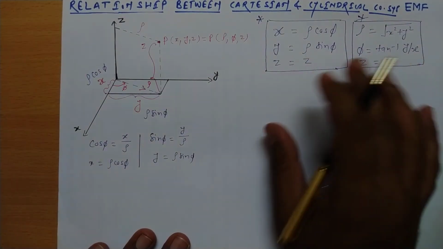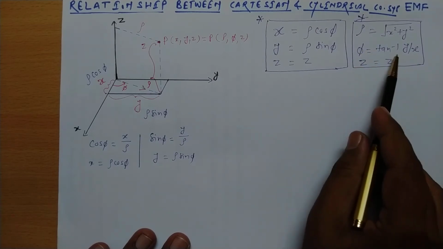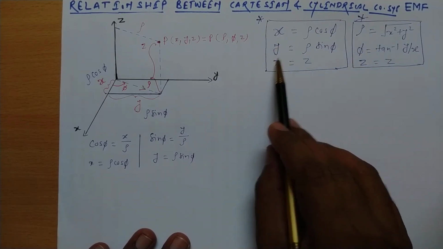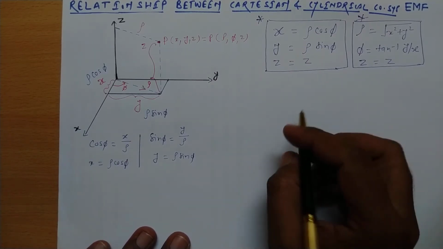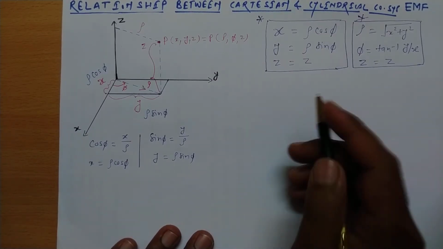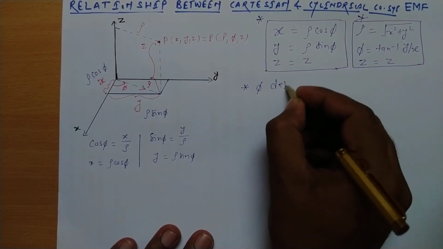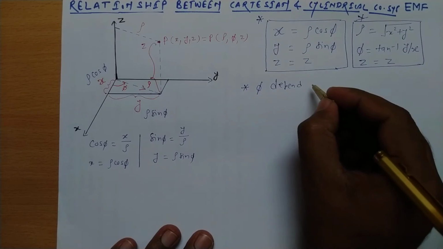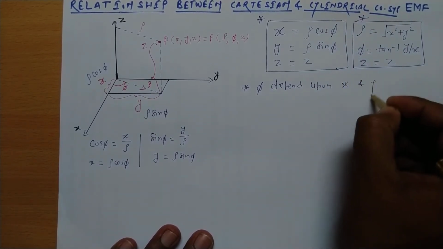So we have found the relationship of cylindrical coordinates in terms of Cartesian, and Cartesian coordinates in terms of the cylindrical. Now see here that phi depends upon x and y.